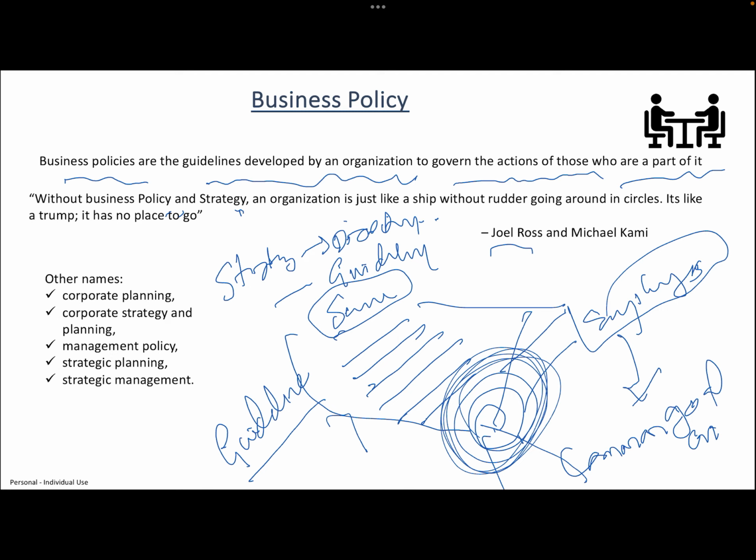Business policy is also called corporate planning, corporate strategy and planning, management policy, strategic planning, strategic management. So there are many names for the same thing. Hope you are clear what business policy is.